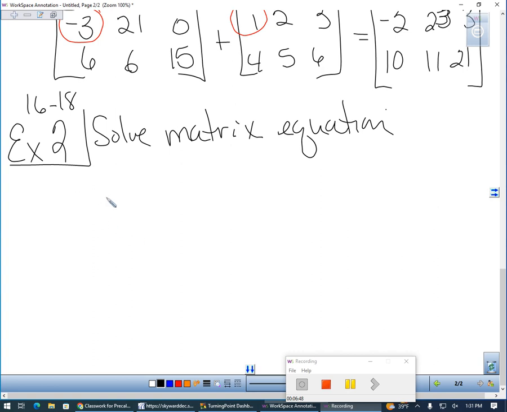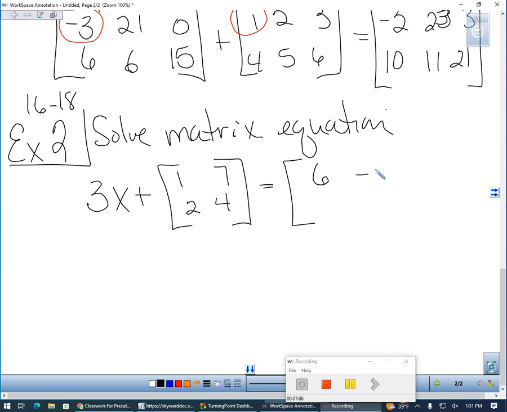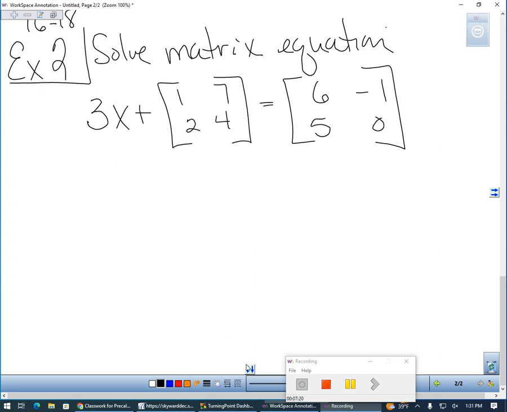So let's say I have 3x plus [1 7; 2 4] equals [6 -1; 5 0]. If I'm solving for a matrix X, what dimensions is that matrix going to be? A 2 by 2. Very good. It's going to be a 2 by 2, right?